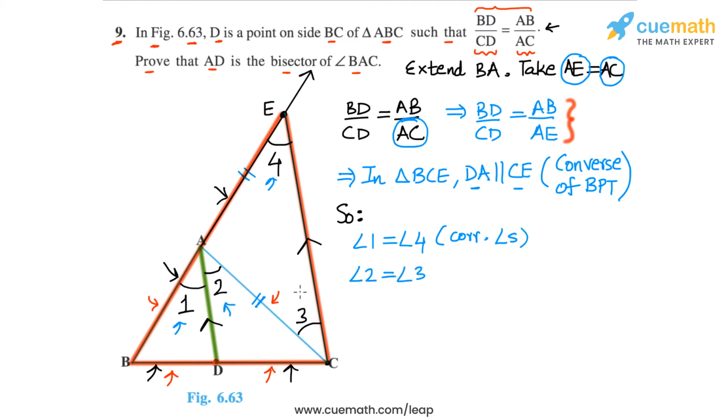Angle 2 here must be equal to angle 3 because these are alternate interior angles. But what can you say about angle 3 and angle 4? Well, angle 3 and angle 4 are equal because of our construction AE equal to AC.